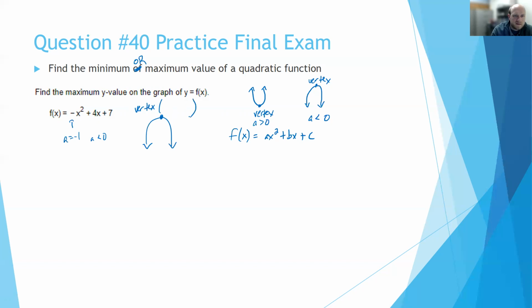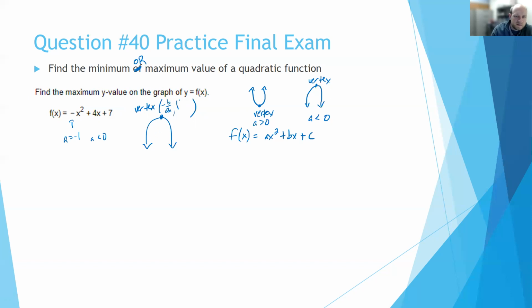And I said a couple of different things about these. In a quadratic, the x value is actually the formula -b/2a. So I could find my b value and my a value, take -b/2a, and that would give me the x value of the vertex.